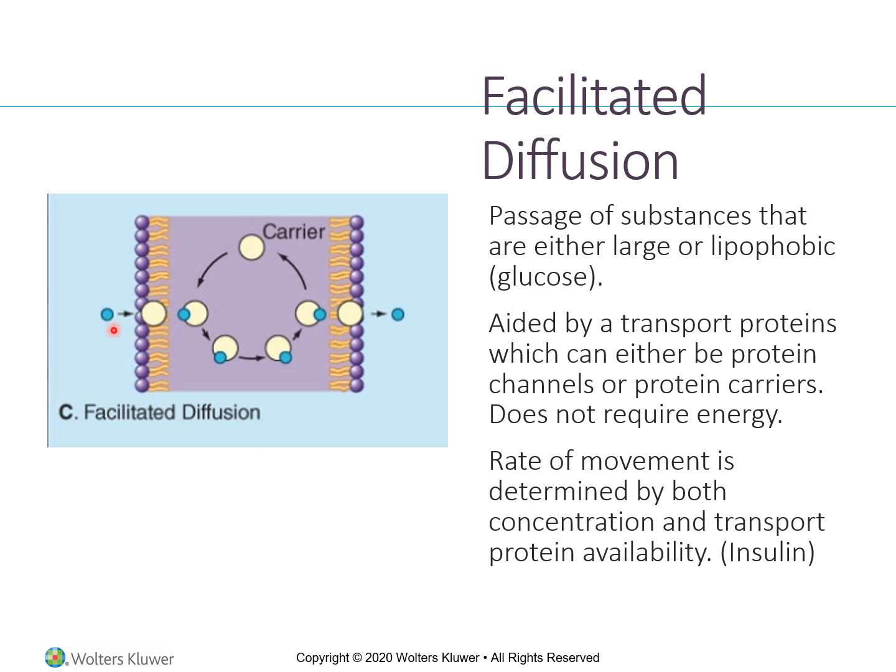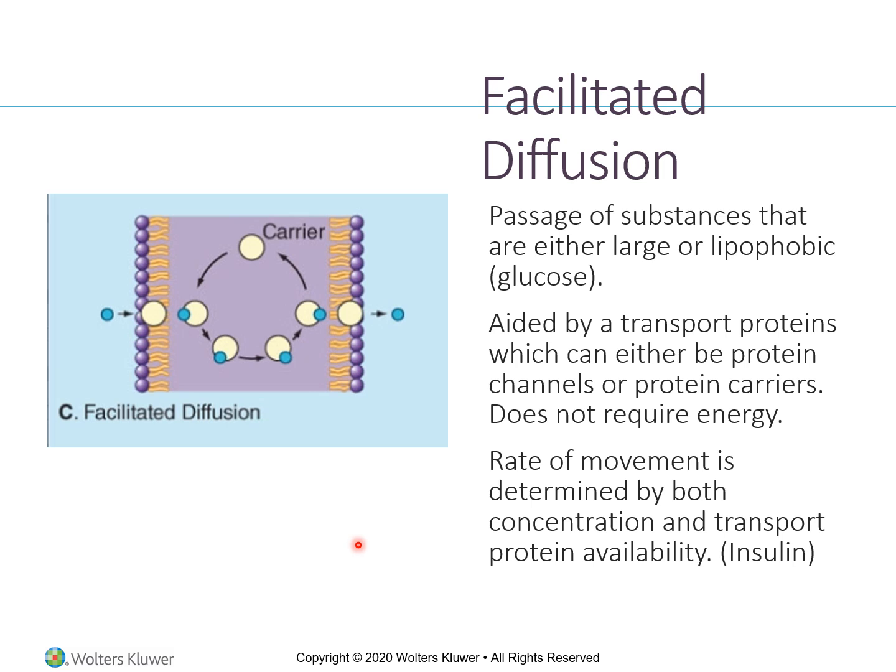Here's our little glucose, and it attaches itself to a carrier protein on the surface of that cell membrane. That carrier protein takes the glucose molecule across that lipid bilayer and into the cell, right? So now my glucose molecule has made it across my phospholipid bilayer into the cell via a carrier protein in that bilayer.